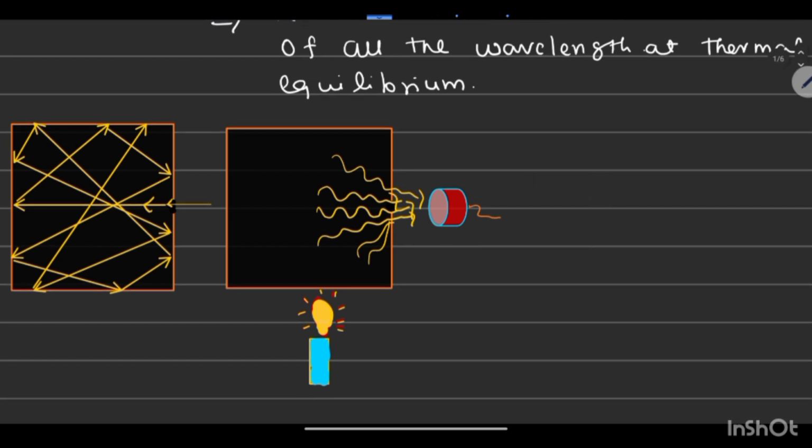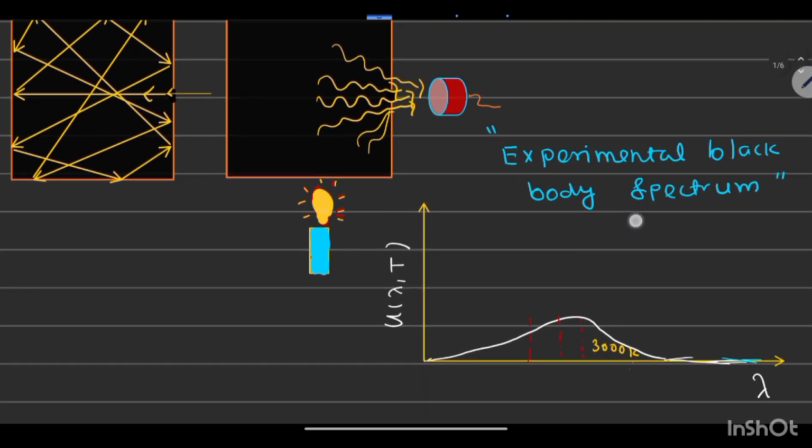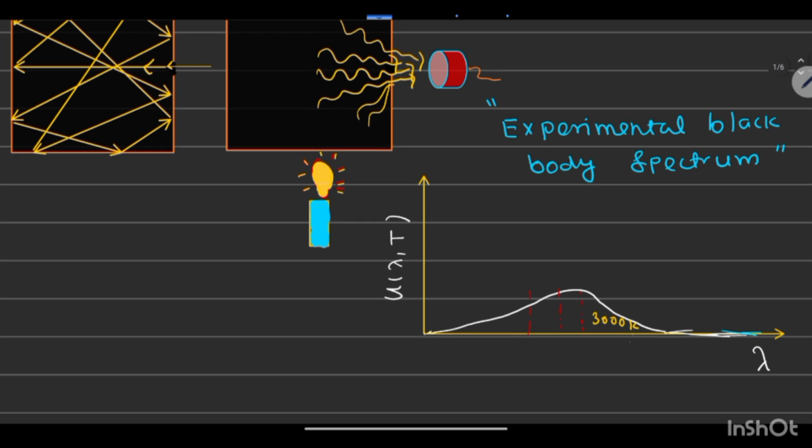Okay, this is the typical experimental blackbody spectral energy density distribution. You can see that at a particular temperature at thermal equilibrium, this is the spectral energy density distribution, and there is a pronounced maximum at a particular lambda, and beyond this lambda the intensity decreases monotonically.